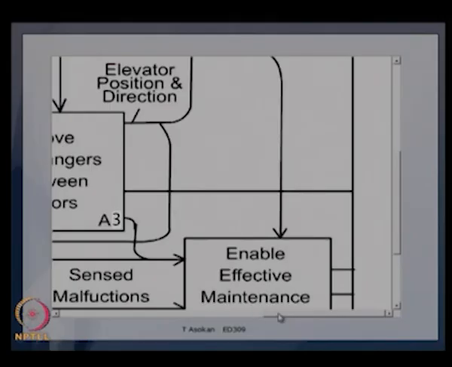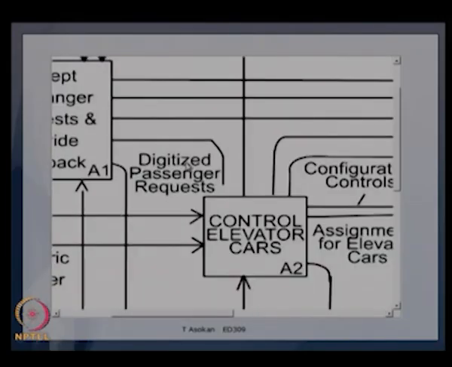From these functions there will be some other requirements coming up, that is the internal input output requirements. If you look at this, you can see the digitized passenger request is one of the outputs from this function, which is going as an input to the control elevator car.